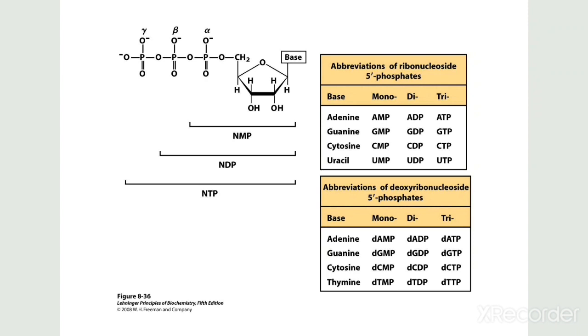Similarly, with two phosphate groups it will be called dGDP, that is deoxyguanosine diphosphate, and so on. With three phosphate groups, it will be dGTP, that is deoxyguanosine triphosphate. Similarly, the same nomenclature continues for cytosine and thymine in DNA.